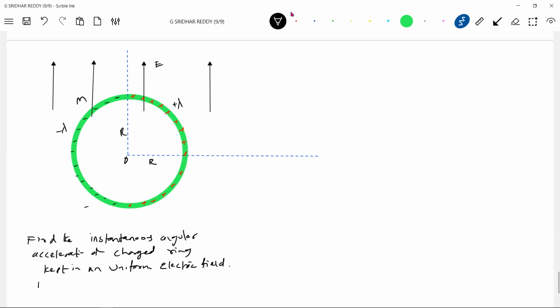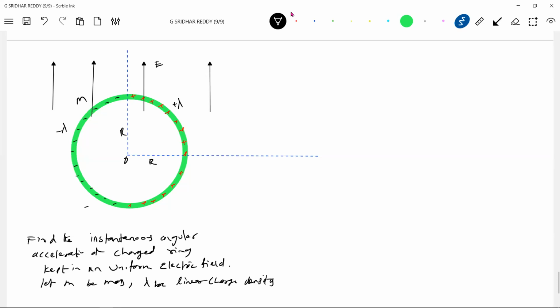Let the mass of the ring be M, and let lambda be the linear charge density.